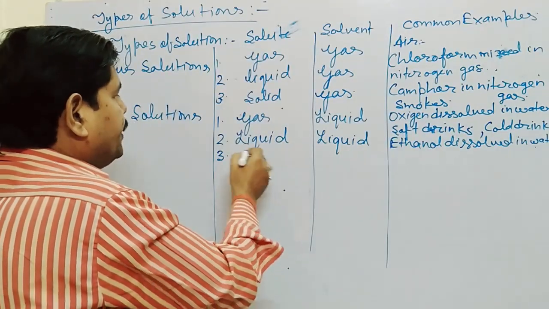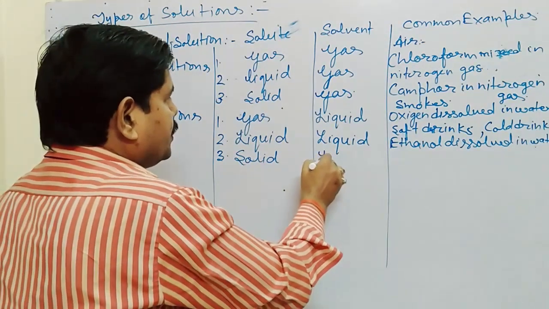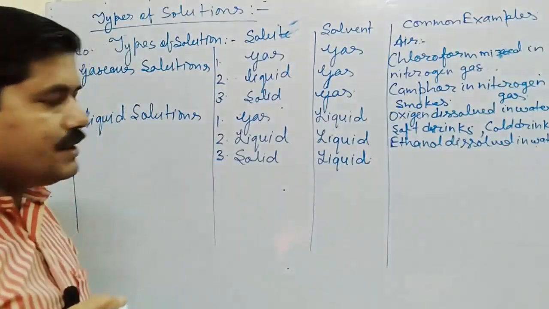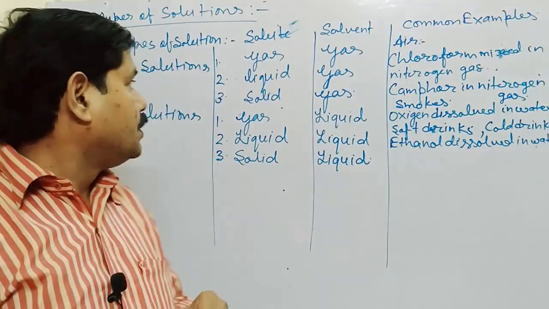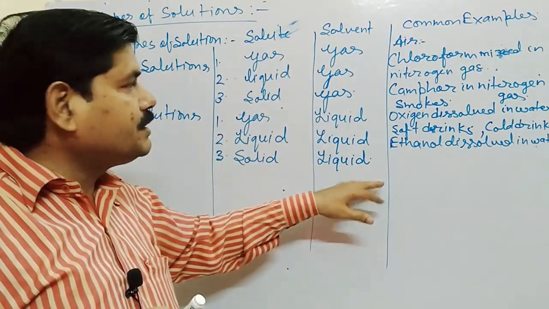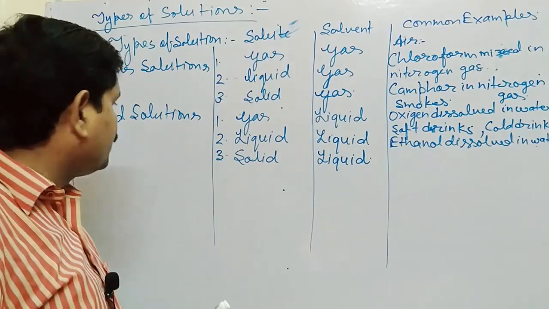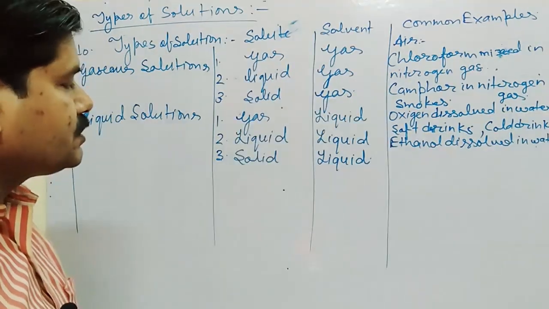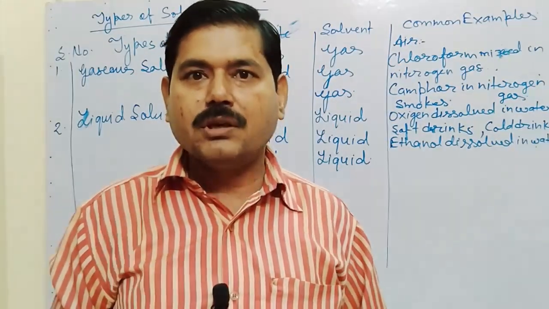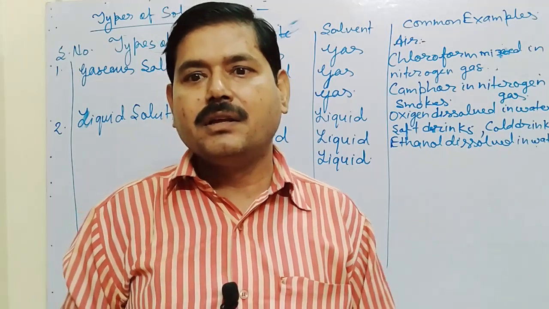The third type of the liquid solutions is solid in liquid. In this type of solution, the solute is solid and solvent is liquid. Many examples are found in this type of solutions: glucose dissolved in water, sucrose dissolved in water, salt dissolved in water.